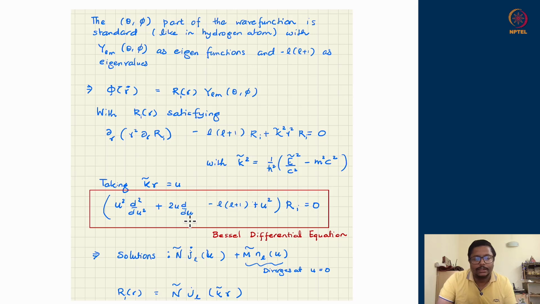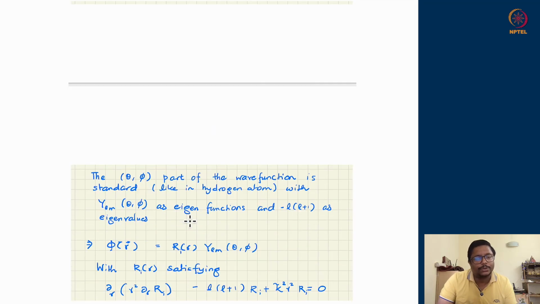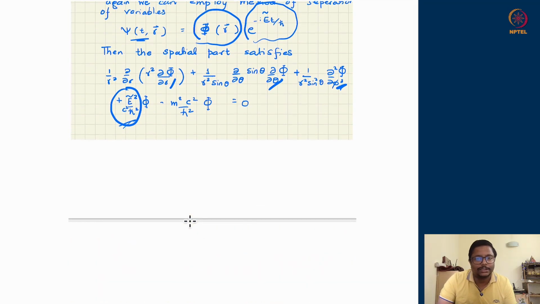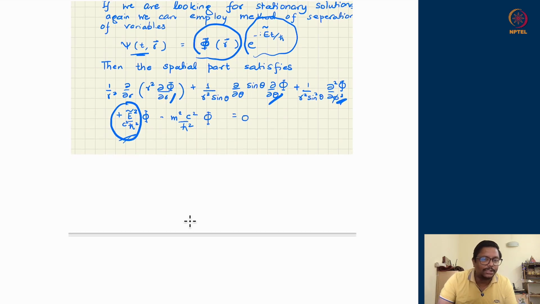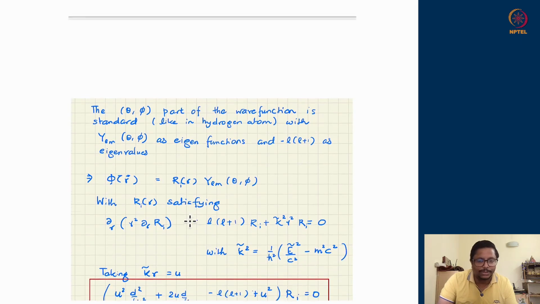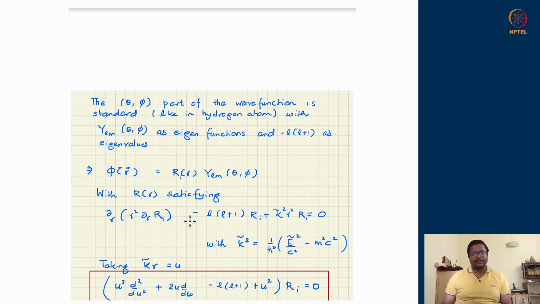Now you can see that if you have solved the hydrogen atom problem or any spherically symmetric problem, the theta and phi part, the angular part of this differential equation, is easily solved, because in the potential there is no theta or phi dependence. So the angular part is already known to us, and the angular eigenstates are Ylm theta phi, the spherical harmonics.